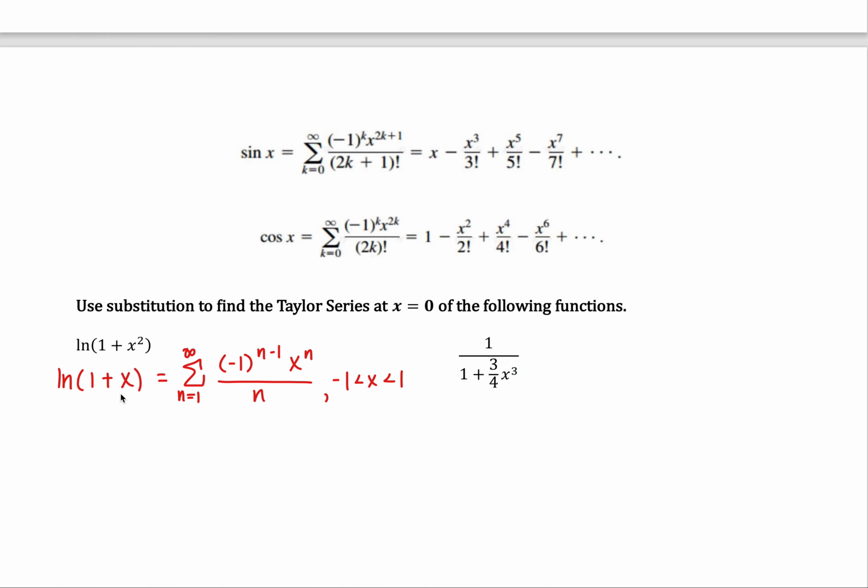So I want to find the Taylor series here for the natural logarithm of 1 plus x squared. So what I'm going to do is, in place of the x, I've got an x squared. So over here in the sigma notation, I'm going to replace that x with an x squared.